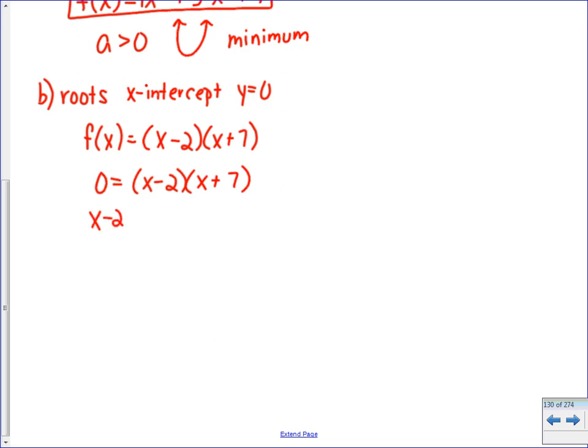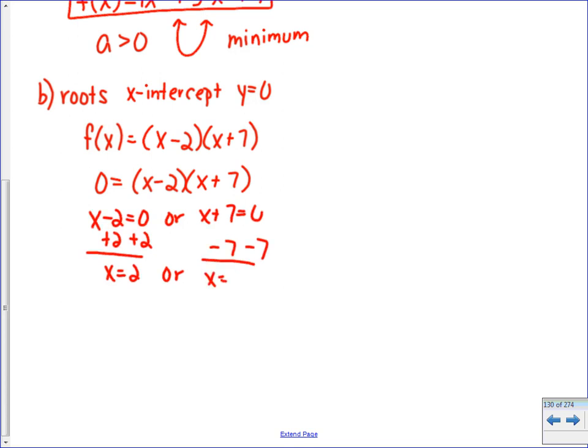Set each factor equal to 0, and that is going to enable us to find our roots. So I have x equal to 2, or x equal to negative 7. And when I write that as an ordered pair, I'm going to have (2, 0) and (negative 7, 0). That is going to be my roots.